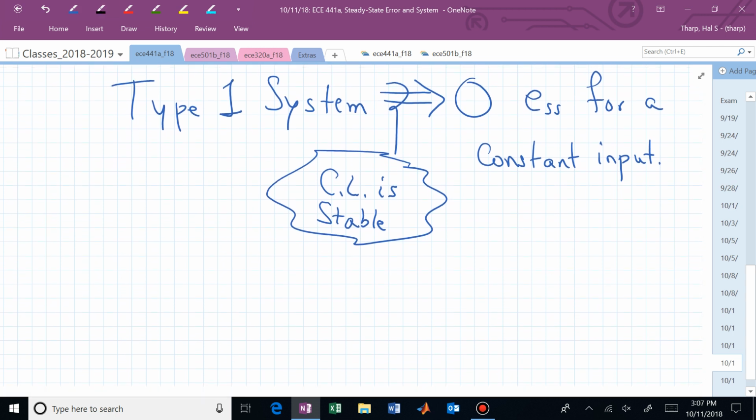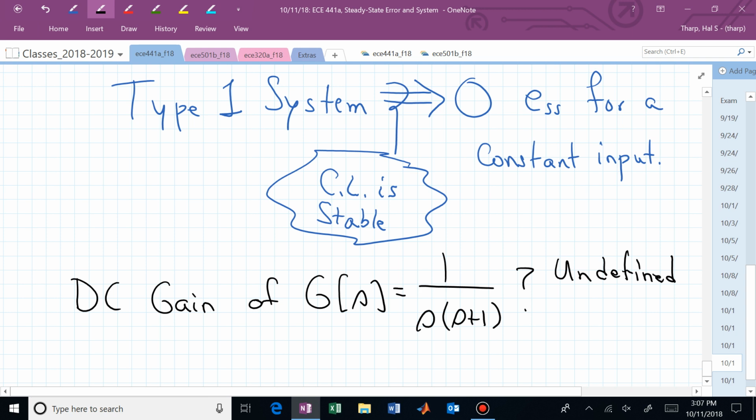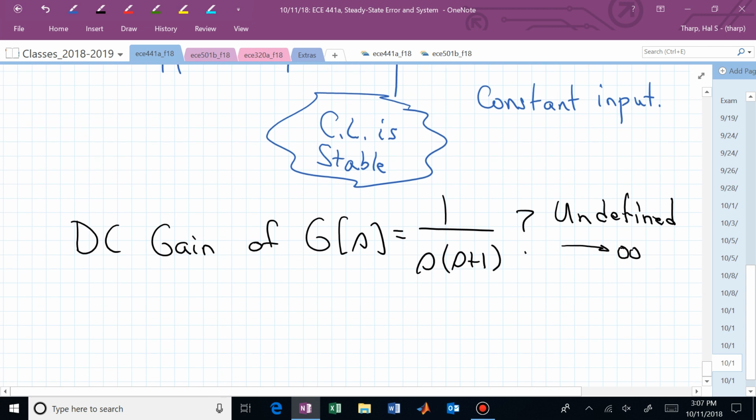Now, if we compare the DC gain of this G of s, 1 over s times s plus 1, with the DC gain of those earlier type 0 systems, what happens as we let s go to 0? Now this is actually undefined, or it goes unbounded, or it gets really, really big, is one way to think about it.